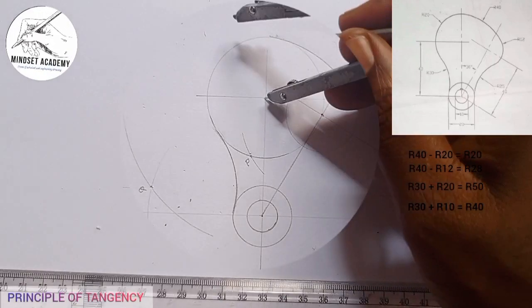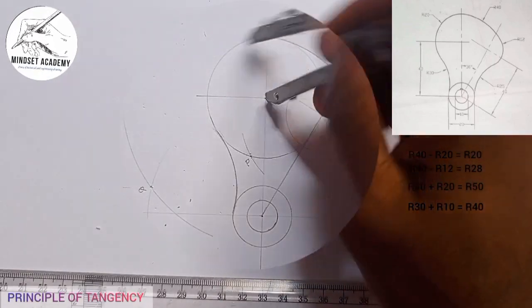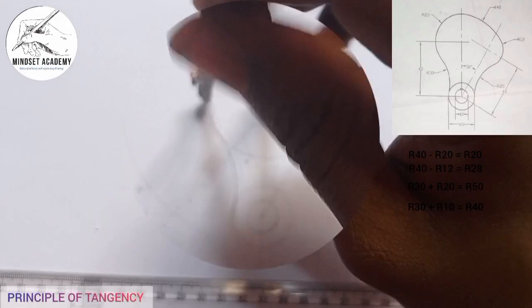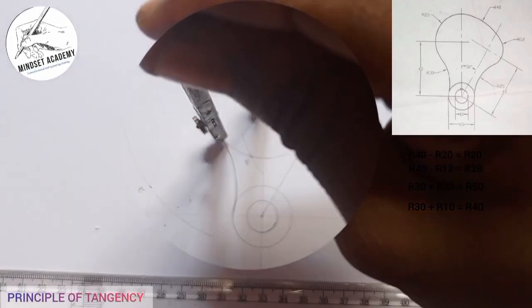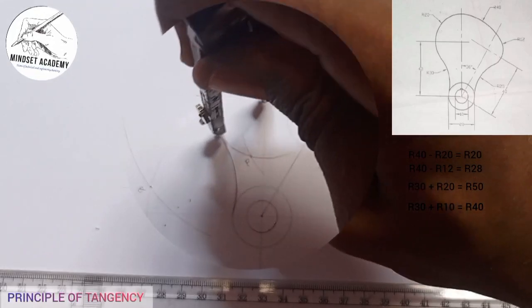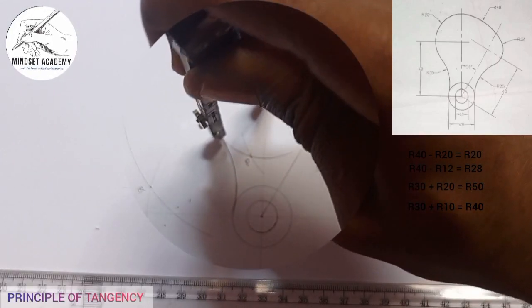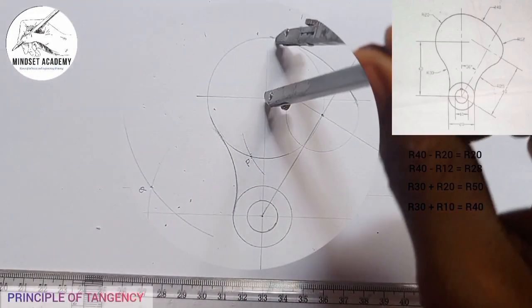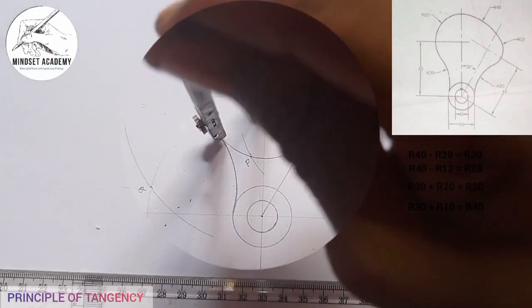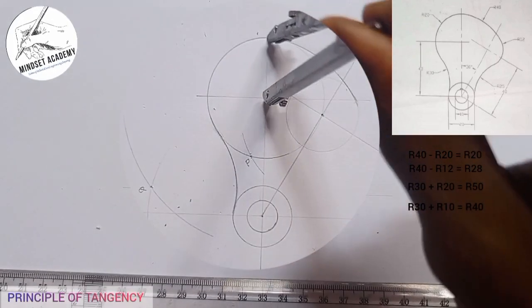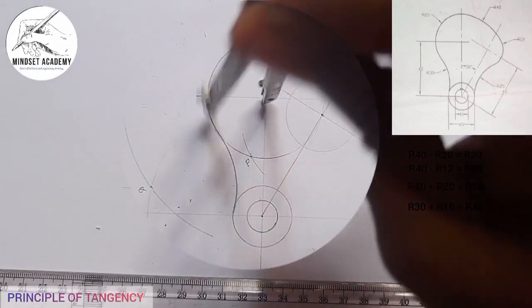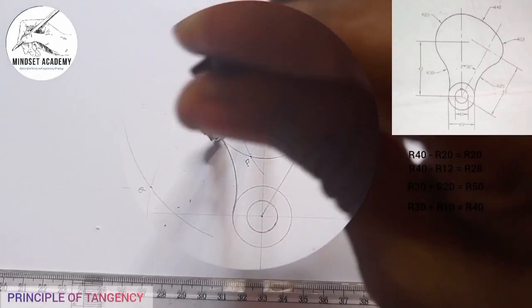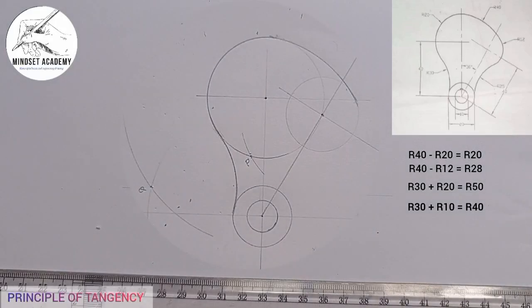I can easily connect this from this point, so it will be tangential. Since it's tangential in the diagram, we've done that aspect.